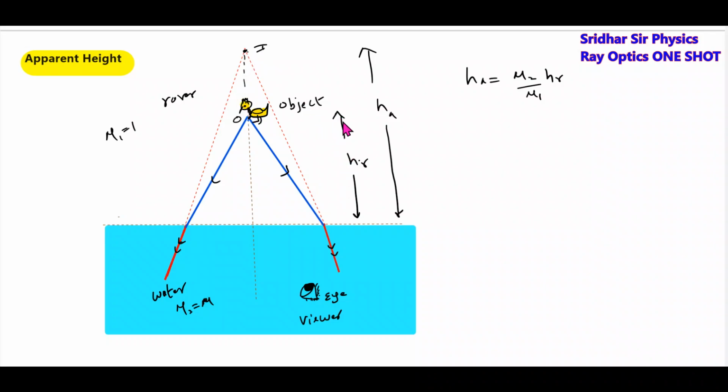So this is the real height, this is the apparent height. According to the formula, the apparent height is equal to mu2 HR by mu1. If mu1 equals 1 and mu2 equals mu, the apparent height equals mu HR. The bird will appear further for the eye, not nearer, it will be further.